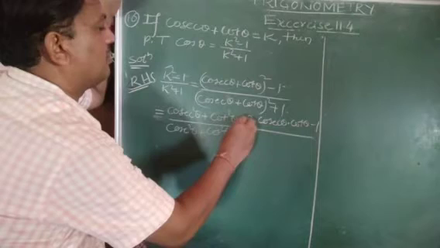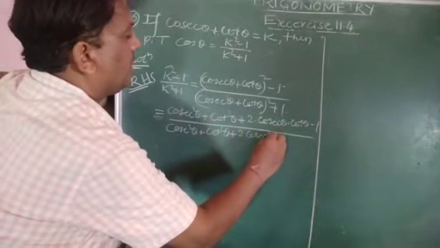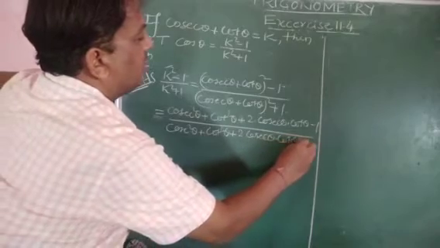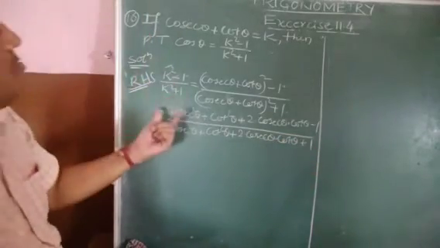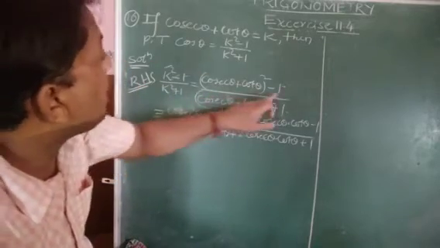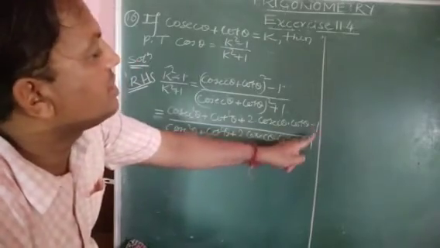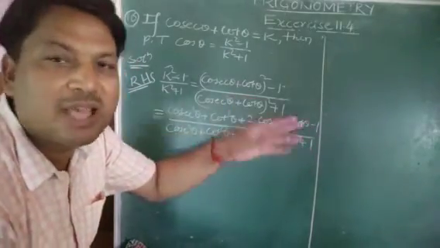Here it's 2 into A into B plus 1. Same children, A plus B whole square minus 1, A plus B whole square plus 1. Here it's a minus 1, here it's a plus 1 difference, rest as it is.